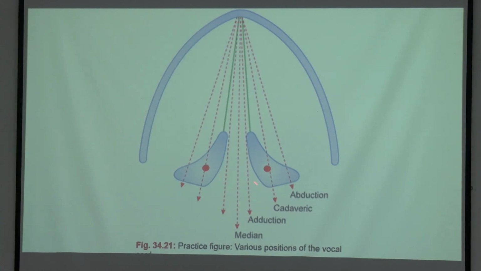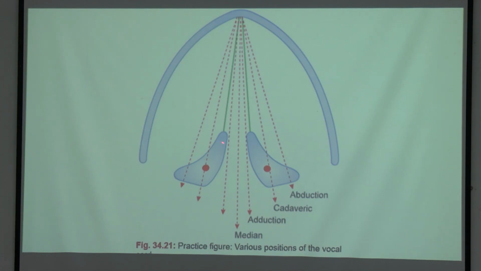You can see this is the midline position. If it is in the midline, there will be absolute respiratory difficulty. We can face it in respiration. If the two folds come very close, there will be respiratory difficulty.